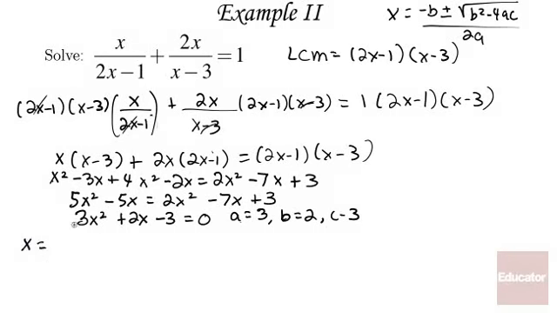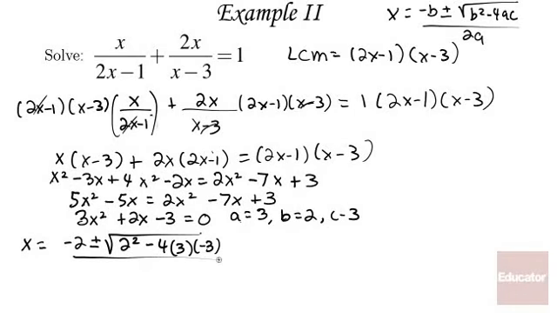So x equals negative b, so that's going to be negative 2, plus or minus the square root of b squared, and b is 2, so that's 2 squared, minus 4 times a, which is 3, times c, which is negative 3. All of that is divided by 2 times a, which is 3.